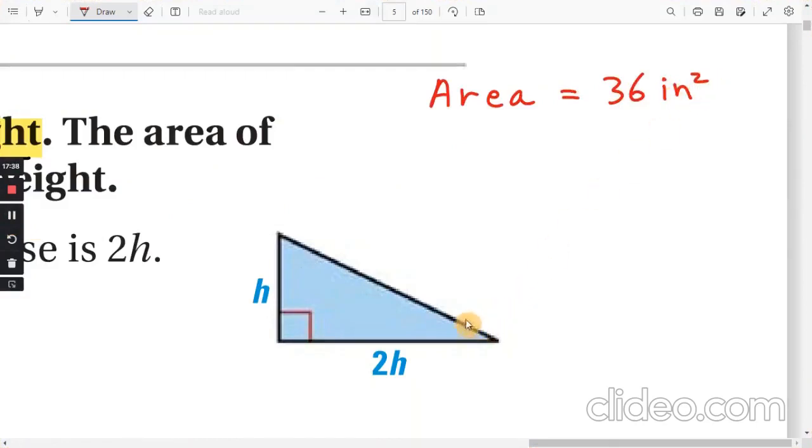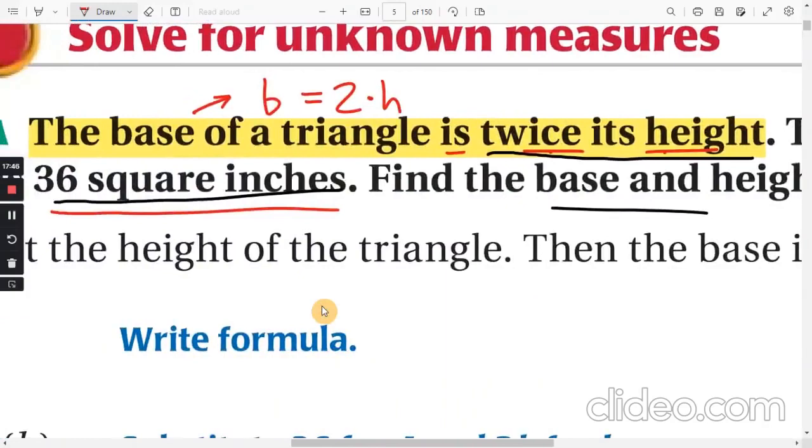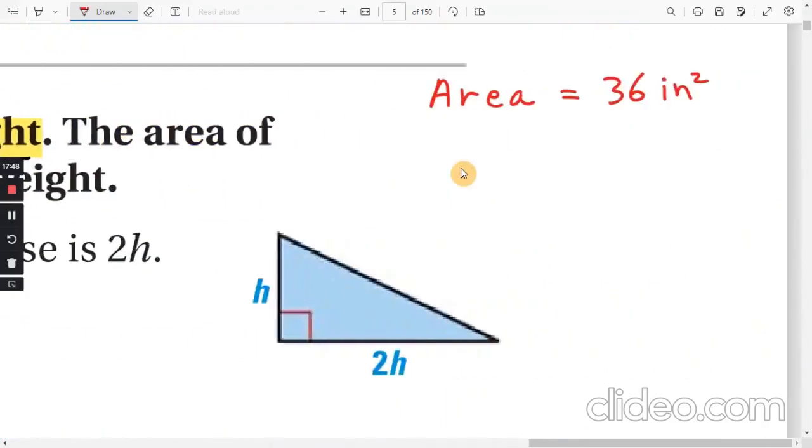All right. Now, we know for a triangle, we didn't even need the diagram, but they drew it anyway. We know for a triangle, because it said it's a triangle, that the formula for the area equals 1/2 base times height. Okay, and they gave us that the area equals 36.